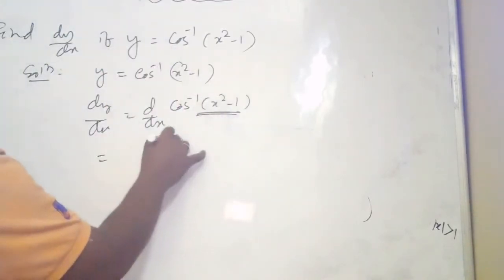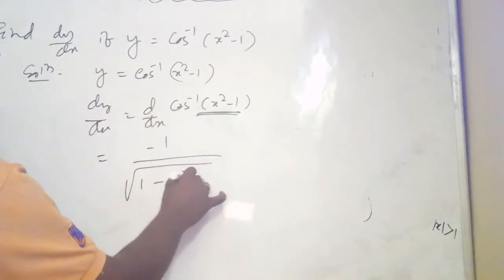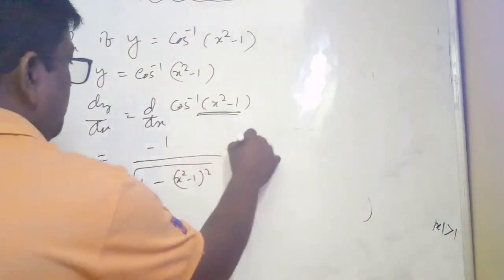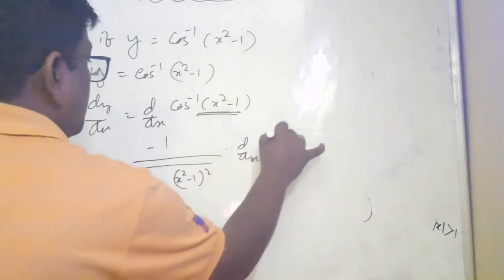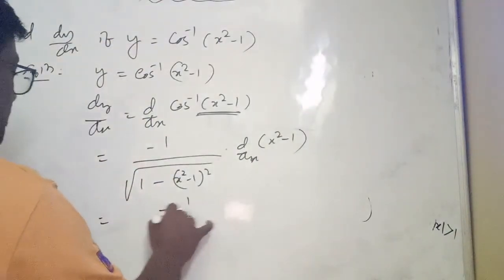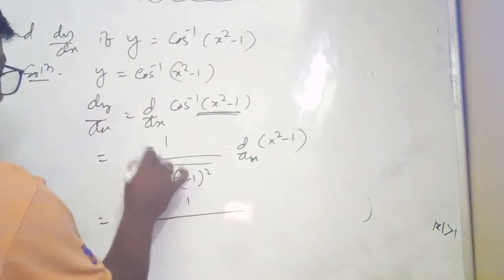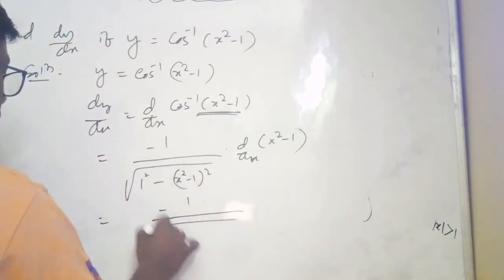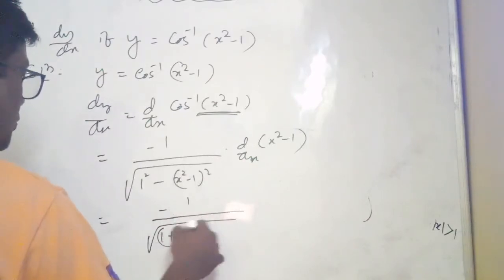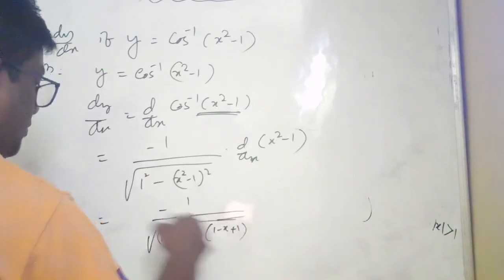So by the formula, minus 1 by root over 1 minus x squared, meaning x squared minus 1 whole squared, into d by dx of x squared minus 1. So this is equal to what? Minus 1 by, this is a squared minus b squared, root over 1 plus x squared minus 1 into 1 minus x squared plus 1.